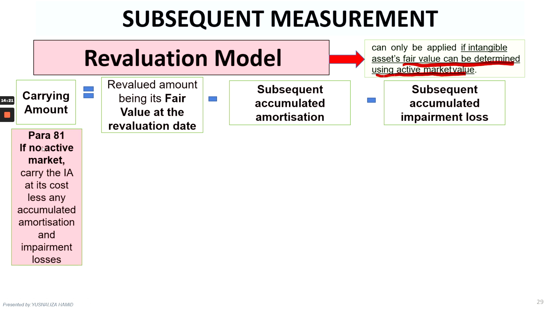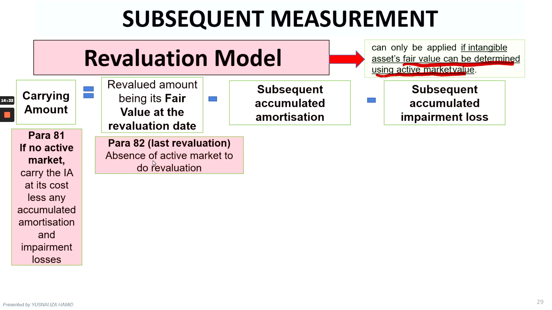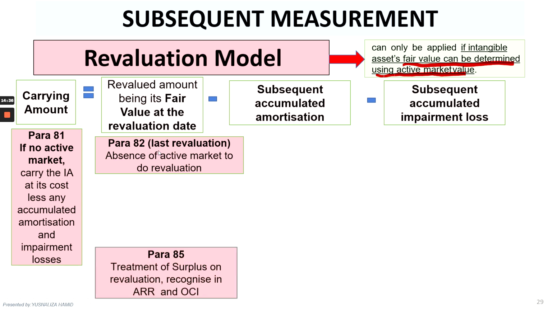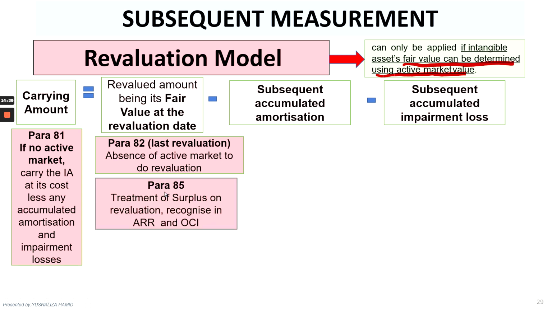Okay, under paragraph 81, this is the guideline given. If there is no active market, the intangible asset shall be carried at cost. Paragraph 82 guides you on the last revaluation. Then paragraph 85, similar to MFRS 116, the treatment of surplus on revaluation is for you to recognize in the asset revaluation reserve, ARR, and in other comprehensive income as part of equity.